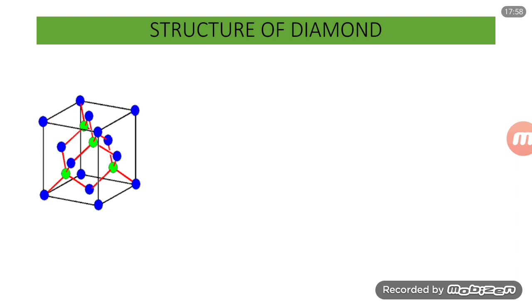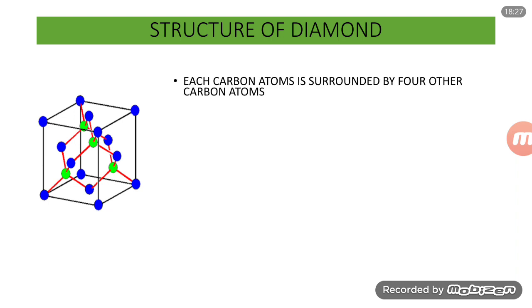If you observe the figure carefully, you will see that the central carbon atom, which is represented by a green dot, is surrounded by 4 carbon atoms, which are shown as purple dots. So what do we understand? In the structure of the diamond, the central carbon atom is surrounded by 4 carbon atoms, isn't it?